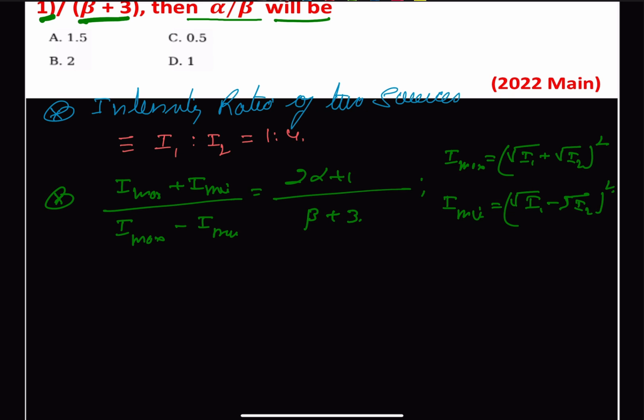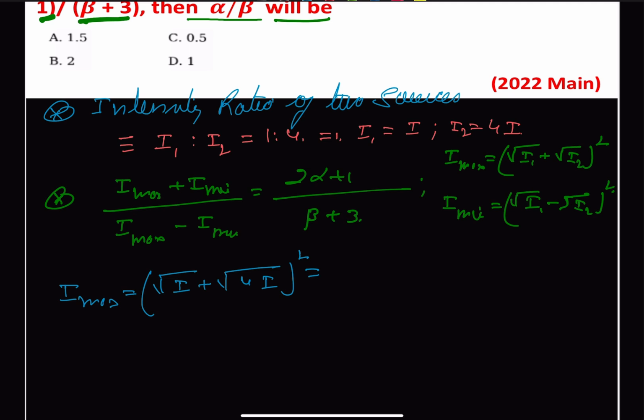And we can write this as that I1 is, let us suppose, our I, which gives us that I2 will be equal to 4 times I, common factor. We can say it's K also, K and 4K, because ultimately they are going to cancel out. So we can write our I max will be equal to square root of I plus square root of 4I whole square, and this comes as our 9I.